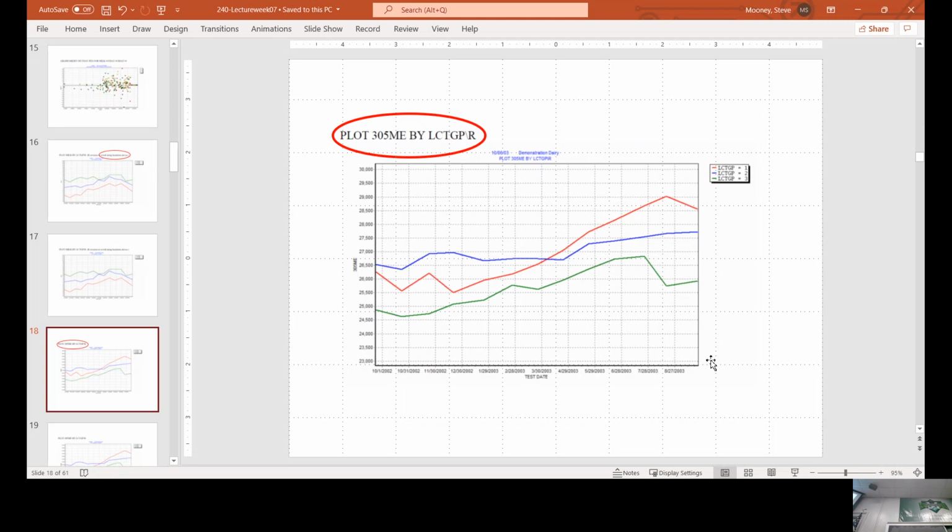So if we're thinking about mature equivalent, we get to our more mature animals, the 3rd, 4th, 5th, 6th lactation, actual production should equal mature equivalent.